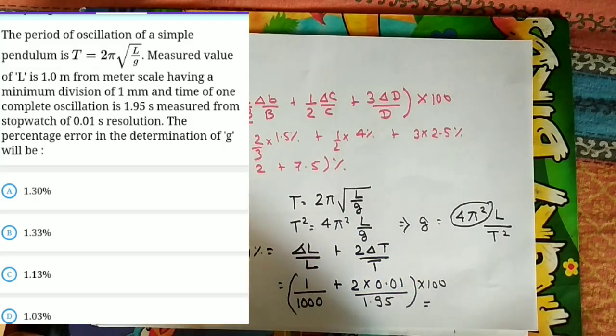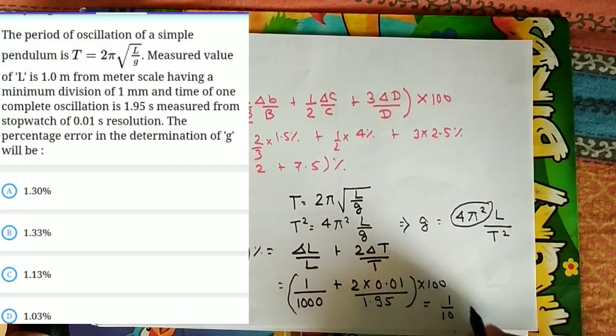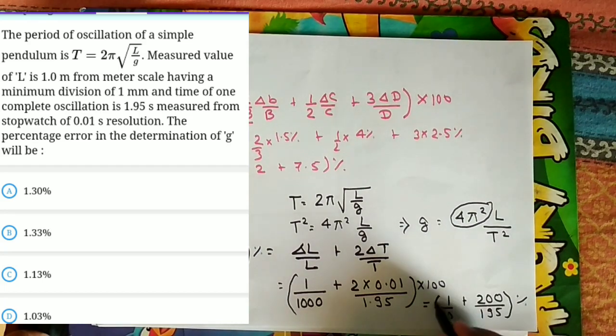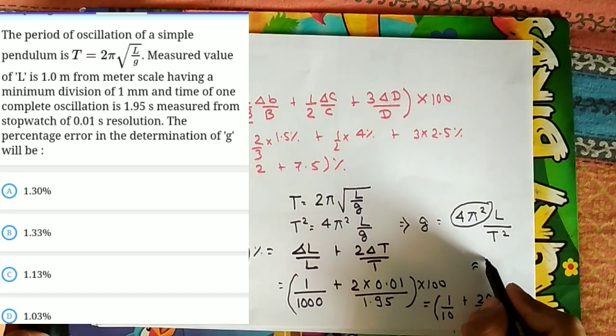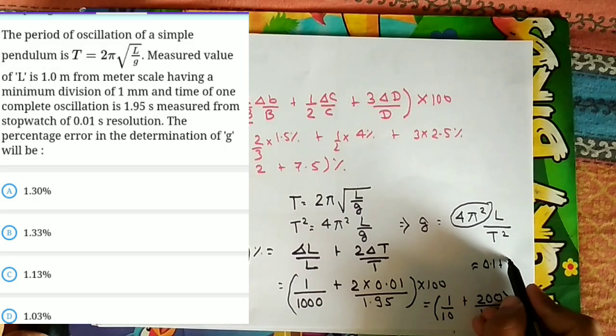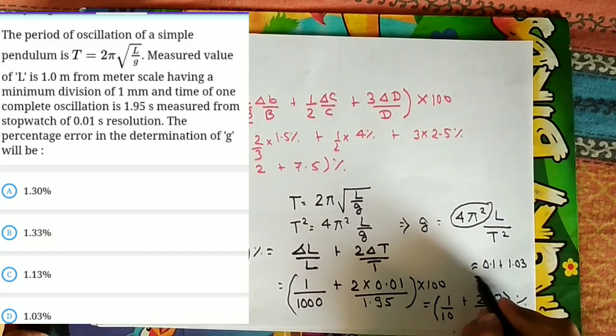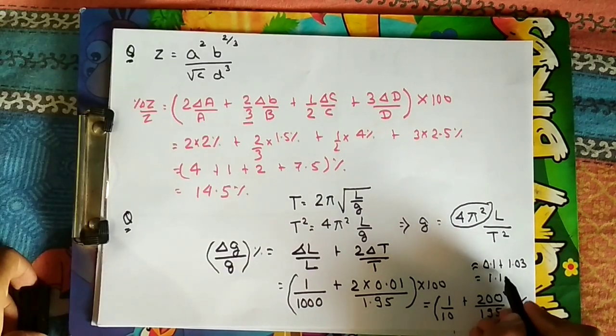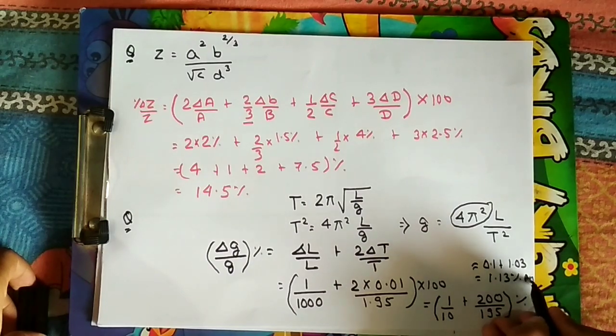So that comes to be 1 by 10 plus 200 upon 195 percentage. That comes nearly about 0.1 plus 1.03. That is 1.13% is your answer.